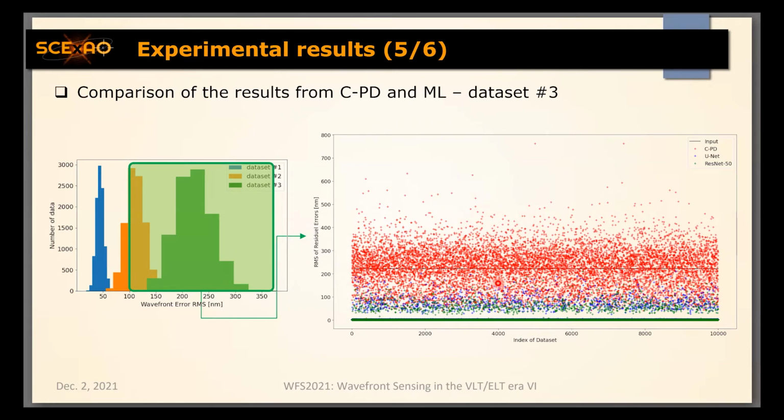In contrast, UNet and ResNet show better correction performance and more stable performance, even with a large wavefront error regime. UNet offers slightly better performance than ResNet 50, so I decided to use the UNet neural network for the next experiment.